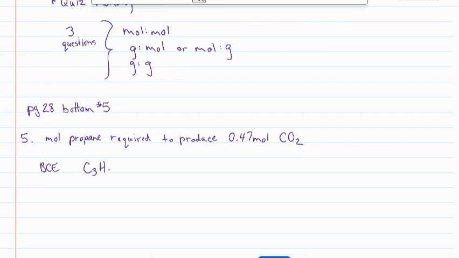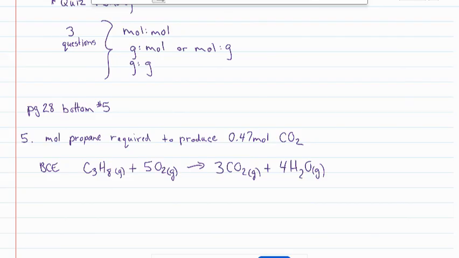So C3H8 gas plus 5 oxygen molecules or diatomics go to give us 3 carbon dioxides gas plus 4 H2O, and that'll be a gas.